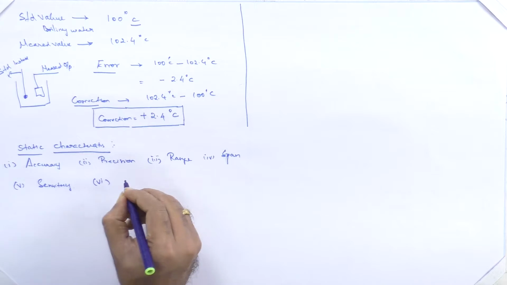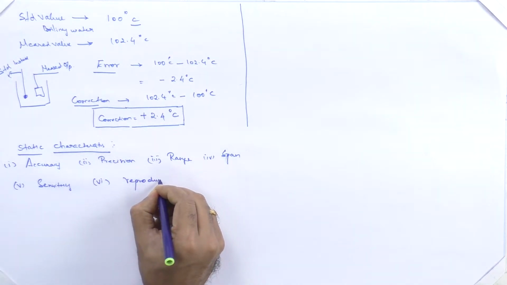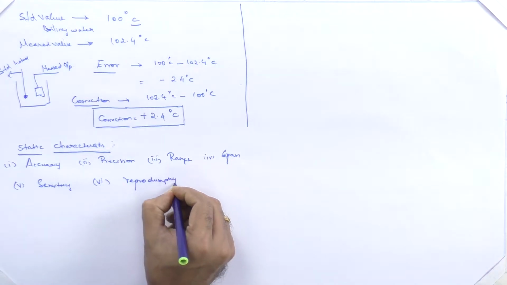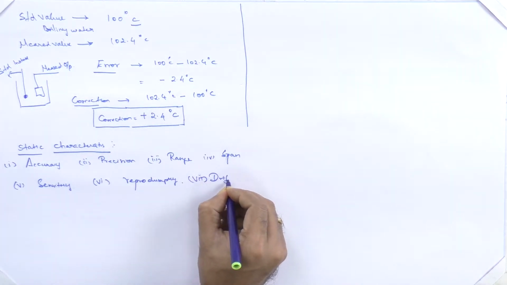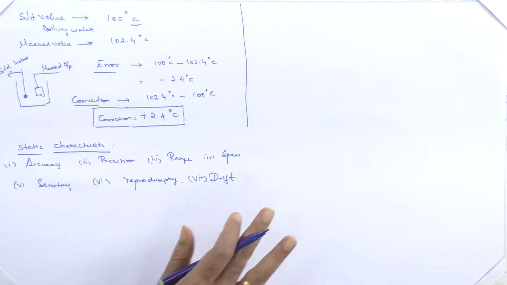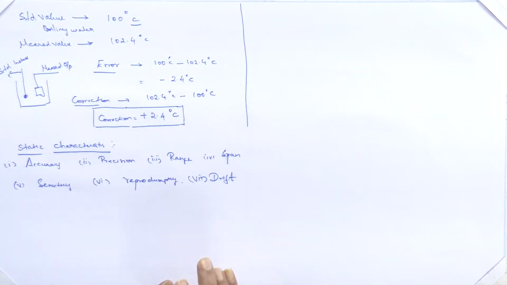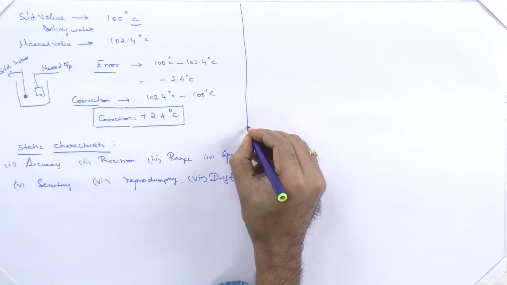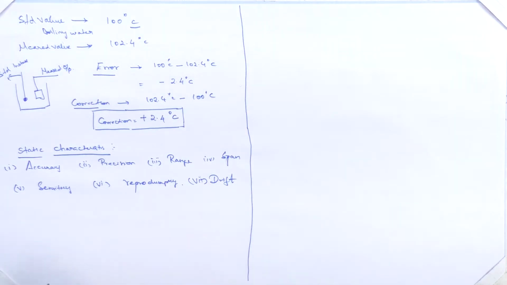Sixth one is reproducibility. Seventh one is drift. These are the most important characteristics. If anything adds up, I will be giving you in the next lectures. Today we will have an outlook over the first four characteristics.